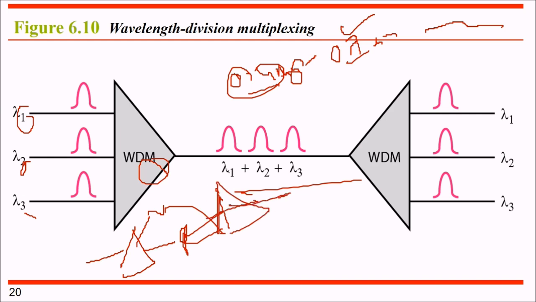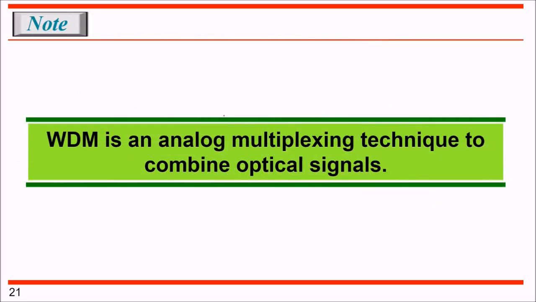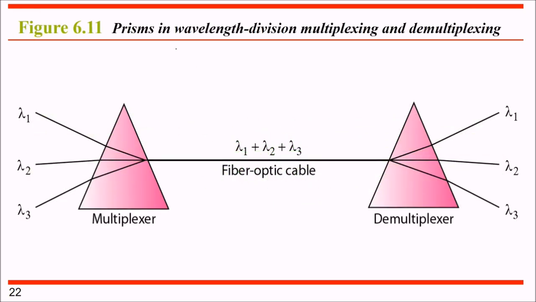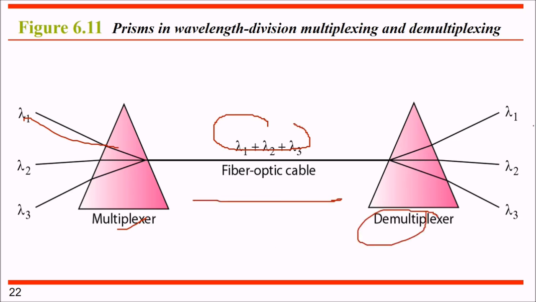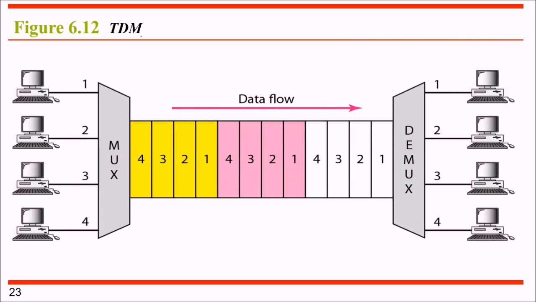This is the basis. So WDM is an analog multiplexing technique to combine optical signals. We have a prism to combine lambda 1, lambda 2, lambda 3 into the fiber optic channel, a cable, and demultiplex them back into lambda 1, lambda 2, lambda 3.